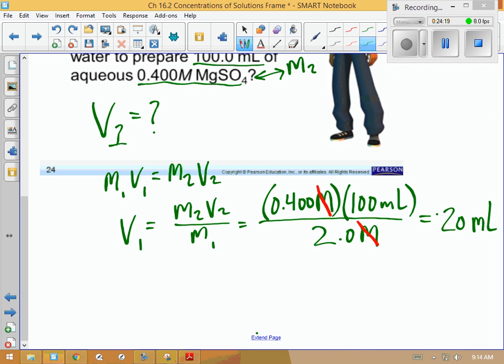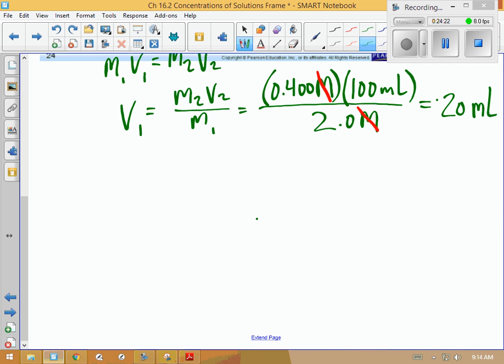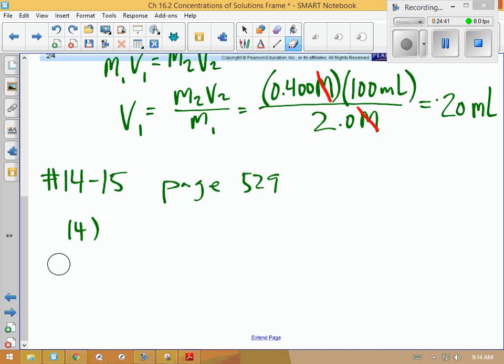Now you can work numbers 14 and 15 on page 529. I'll help you set them up. In problem 14, we don't know the initial volume, but we do know volume 2, molarity 1 and 2.